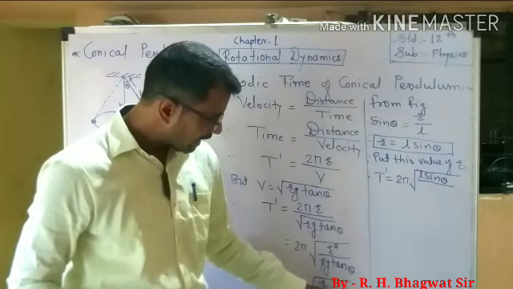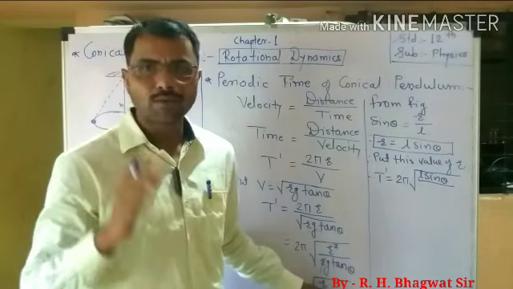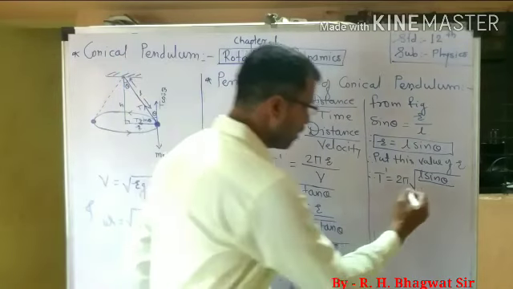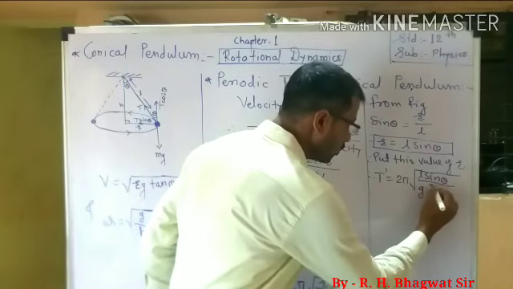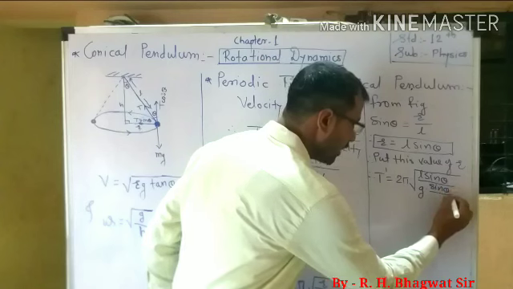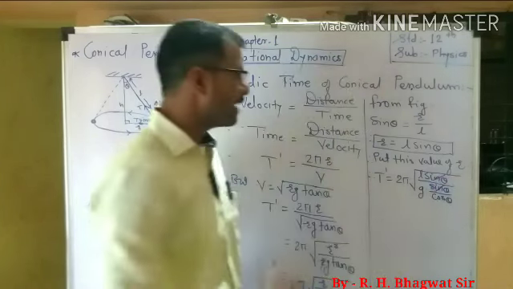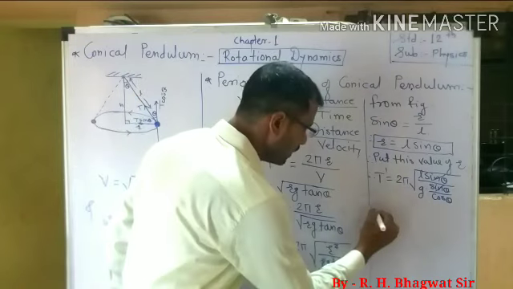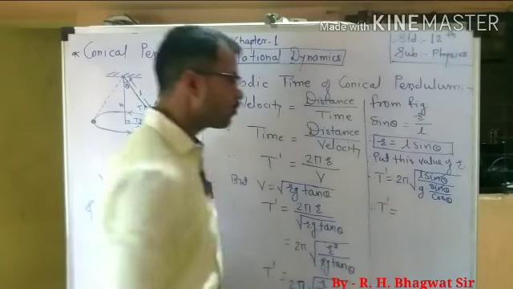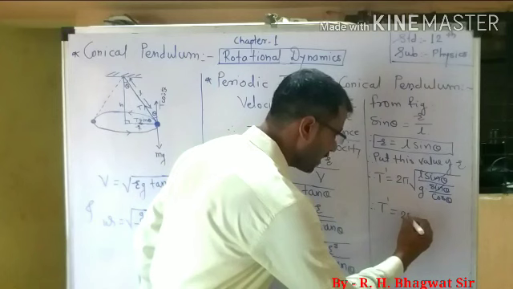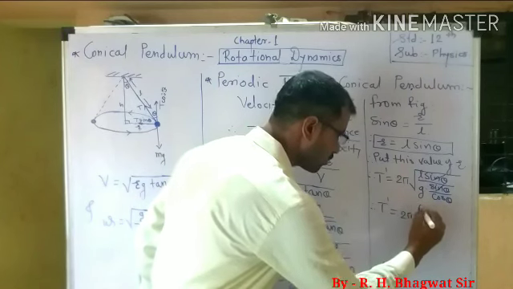But tan theta can be written as sin theta divided by cos theta. Therefore, g into sin theta divided by cos theta. Now, this sin theta gets cancelled with this sin theta.